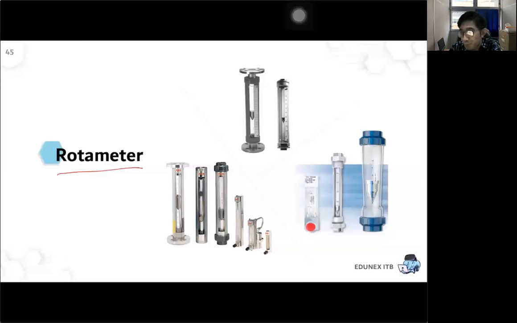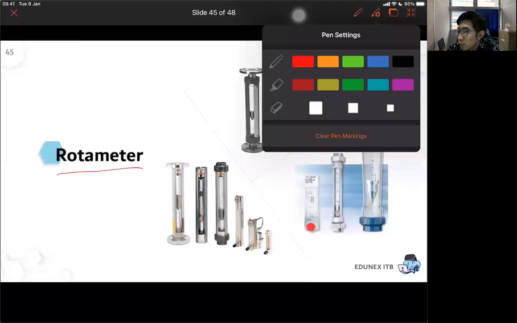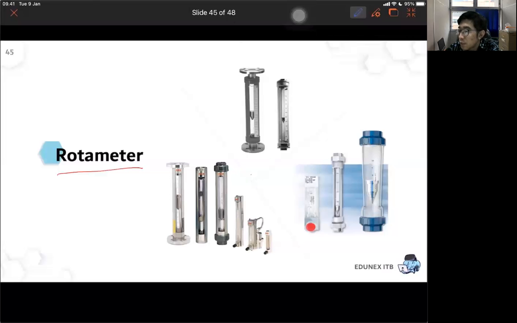Basically, the rotameter measures the flow of gas. Mostly it's used for gas, but sometimes it's also used for liquid. The fluid will flow from downwards. So what happens when the fluid flows from downwards?